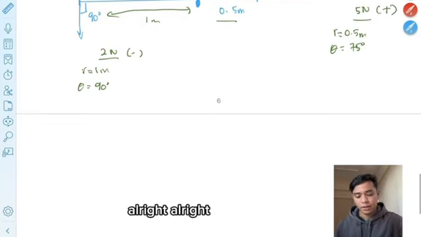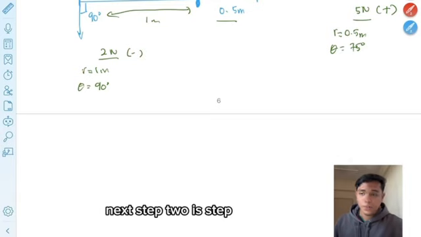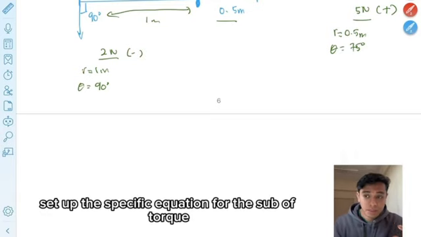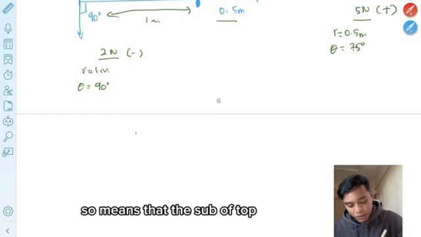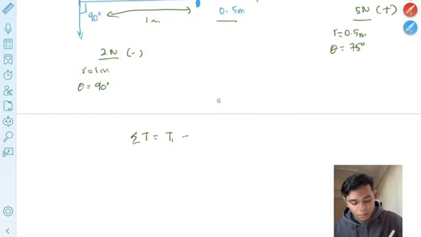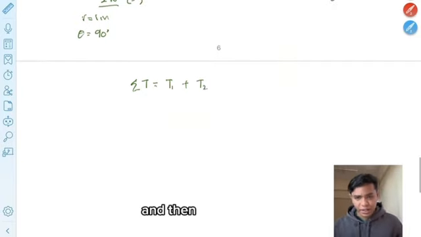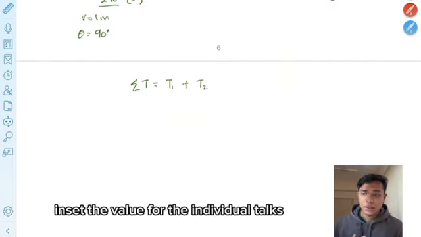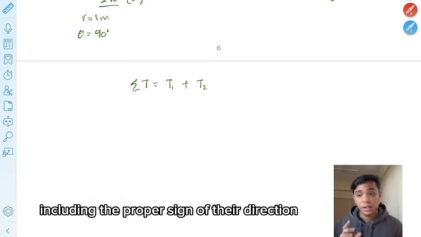Next, step 2 is to set up the specific equation for the sum of torque. The sum of torque is equal to the first torque plus the second torque, including the proper sign for their direction.